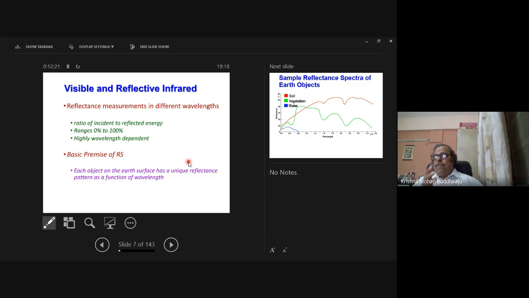In some wavelengths there is a high amount of reflectance, in some a high amount of absorption by different materials on the ground.